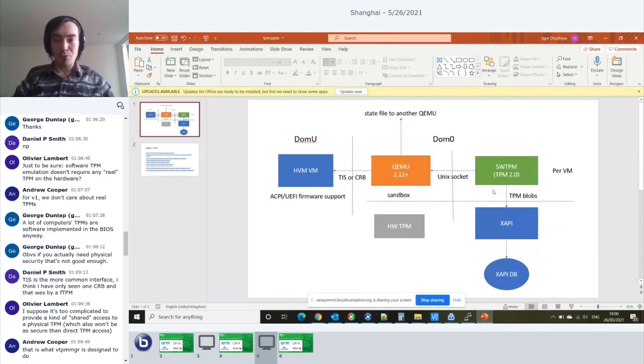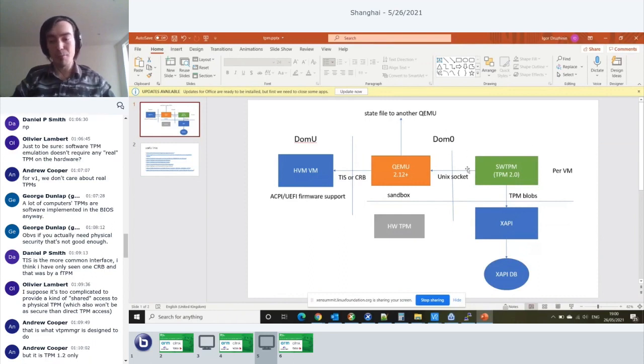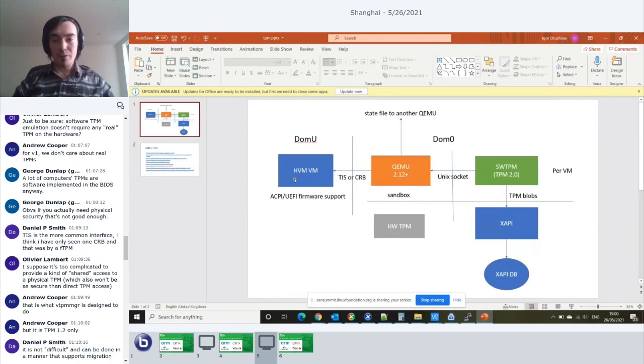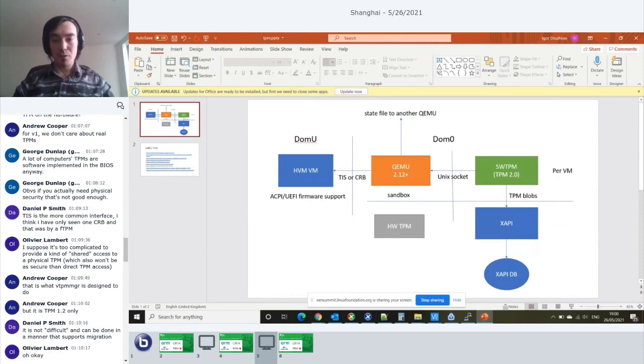This QEMU deprivileging project was originally run by Citrix, and then with the help of our upstream team, it was successfully integrated into libxl. There is also the SWTPM daemon, which I didn't decide about, but it could be deprivileged as well. There are provisions for doing this.